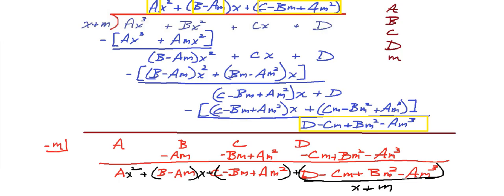So you've probably been told not to use synthetic division if the leading coefficient of the divisor is something other than 1. Here, this would be a leading coefficient of 1. But if it's 2 or something else, something other than 1, then you're not supposed to do it. Why is that?